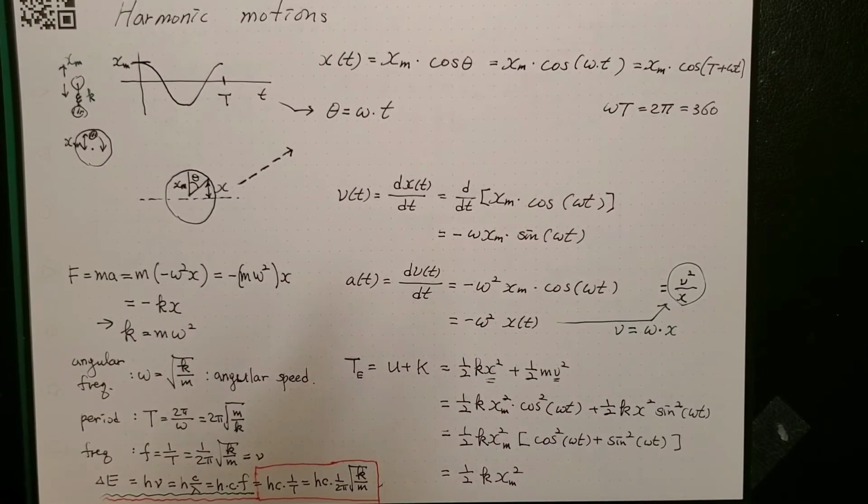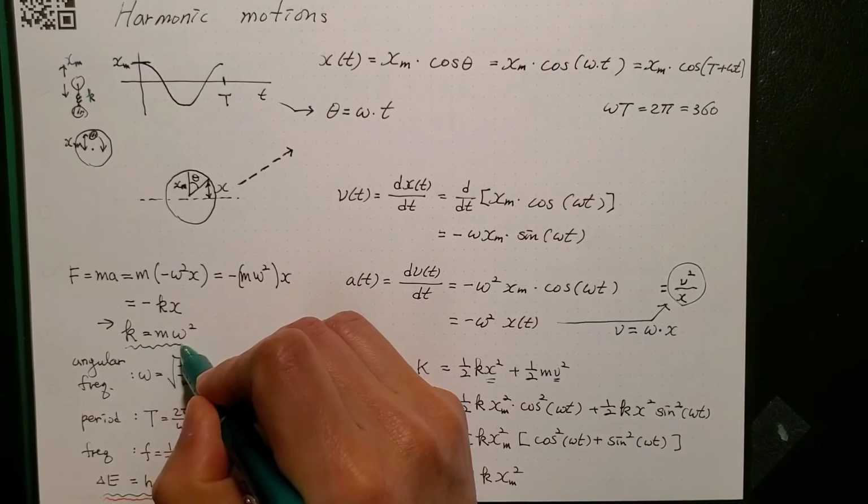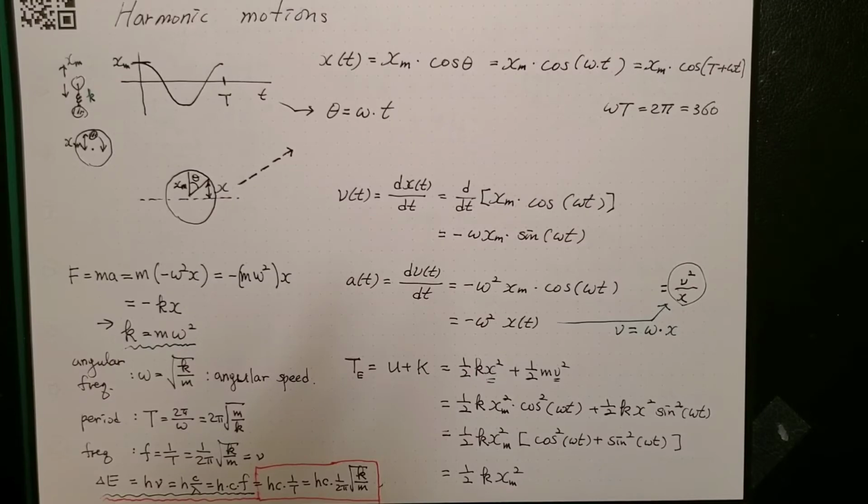And remember the k as a force constant. Now you know what consists of the force constant in the rotational motion, and of course, oscillation motion as well. This applies to the harmonic motions in general.